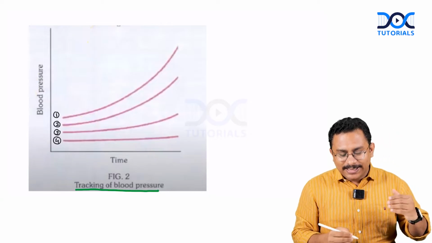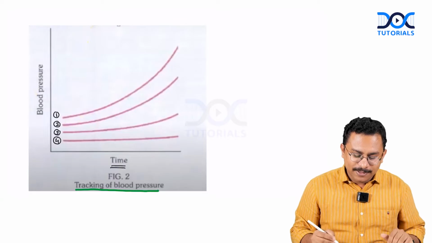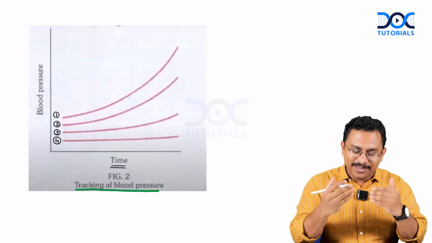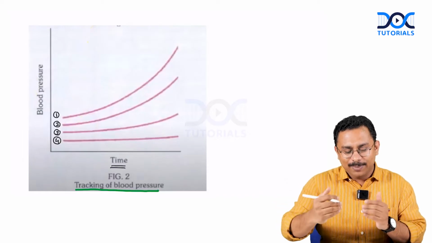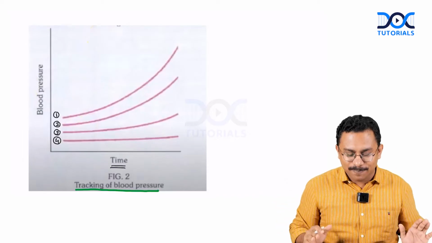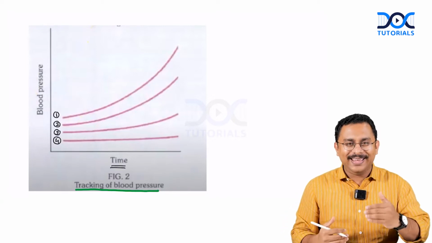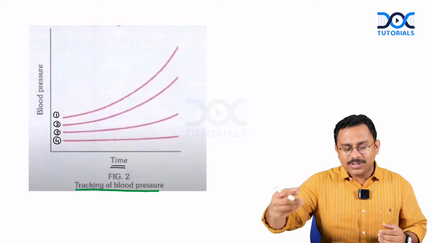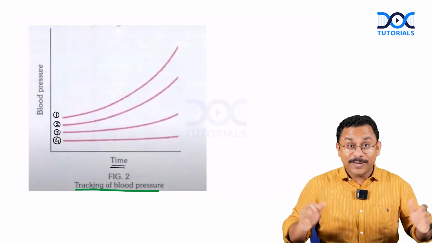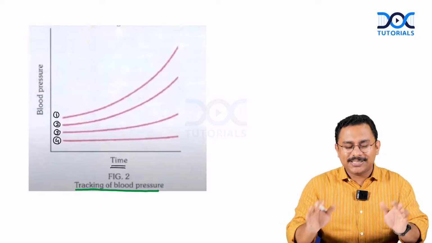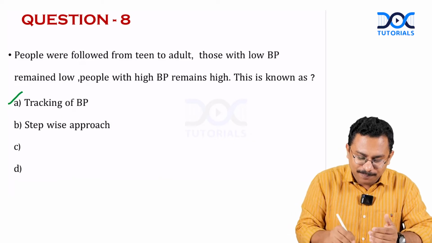You can see that as time is progressing, with time on the x-axis and BP on the y-axis, individual 1 had a higher BP at a younger age, and as he went on to become old, among the 4 individuals he had the highest BP. The reverse is with candidate 4. He had the lowest BP, and when he was subsequently followed up, he ended up having the lowest BP. This may not be an absolute rule, but generally this is what happens. So this is known as tracking of blood pressure.